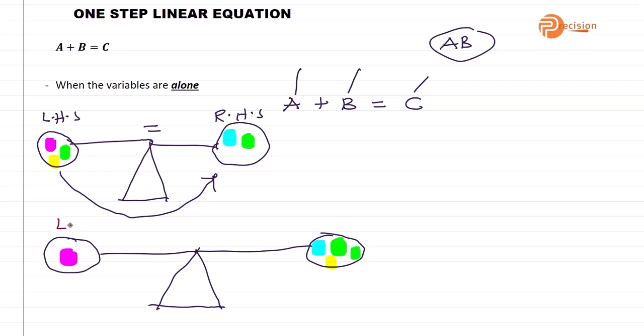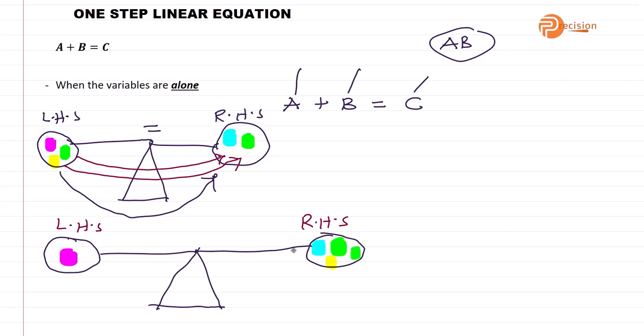On this left hand side, we now have only the pink ball, while on the right hand side we have various colors. Reason being, we moved this other green here, making it 2 greens, and we also moved a yellow here, making it 1 yellow. So we have 1 blue, which has been there already, 2 greens, and 1 yellow.